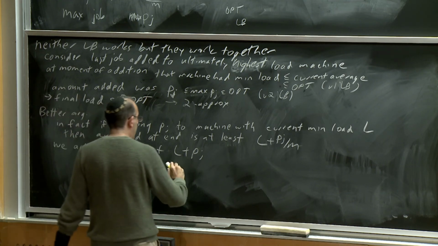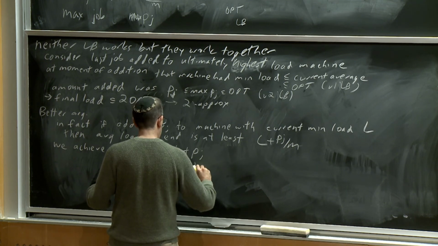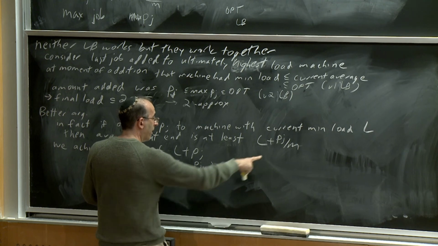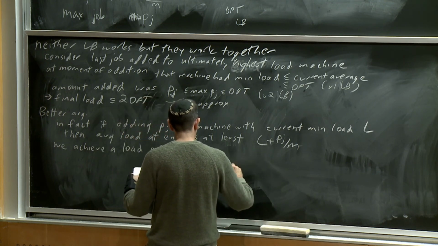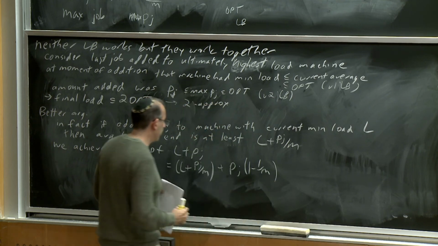But that can be written as L plus Pj over M, which is the final average load, plus Pj times 1 minus 1 over M, right?